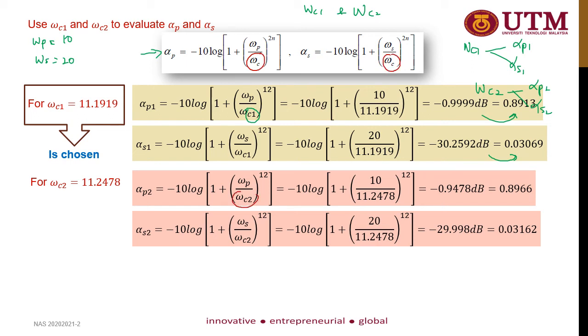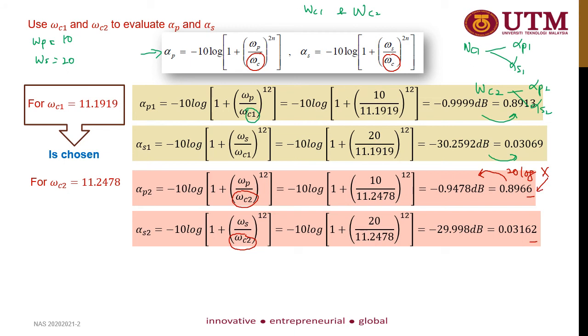Okay, now it is omega C2. Right, so calculate alpha P2 equal to this value and alpha S2 equal to this value. So to convert this into dB, it is equal to 20 log of X. So this is your X, the value in linear.